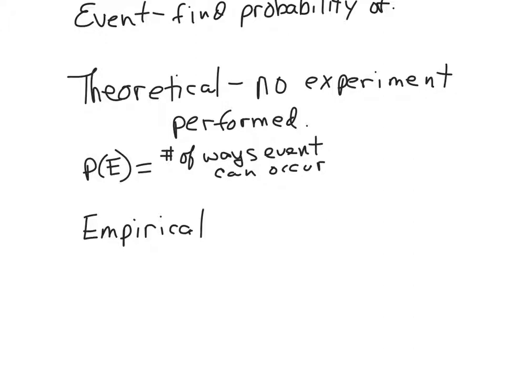On our last problem, what's the probability of rolling a 3? There's only one way I could get a 3. The number of ways the event can occur over the total number of possibilities. And when I roll a 6-sided die, the total number of possibilities is obviously 6.